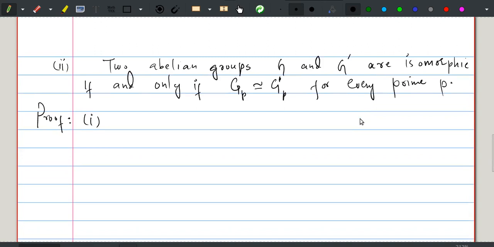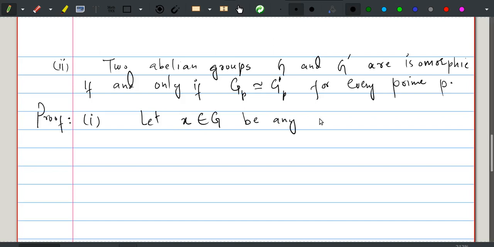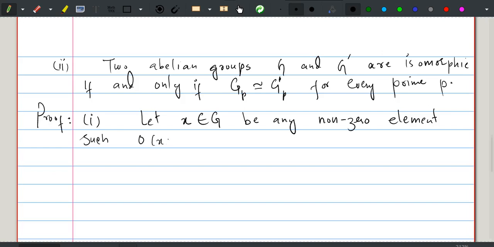So let us take an element, say x in G. Let x be in group G, and this x is a non-zero element such that the order of this x is, say, d.